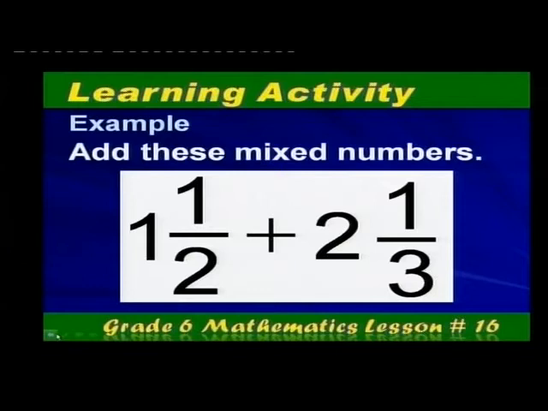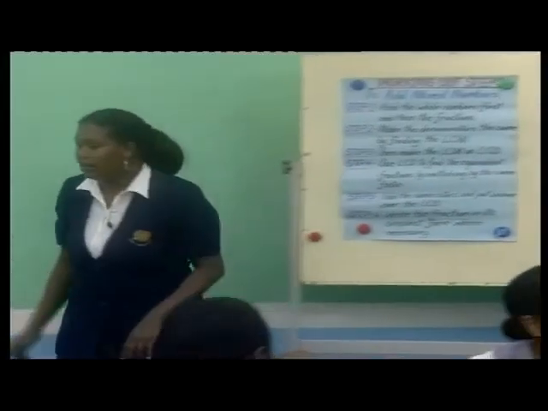All right, excellent. Emmanuel, 1 whole, 1/2 plus 2 and 1/3. Or you can say 1 whole, 1/2 plus 2 and 1/3. Now, in order to add mixed numbers, we also have steps. I want everyone to pay attention and watch carefully while I explain, because I will ask you a few questions as I explain the steps.